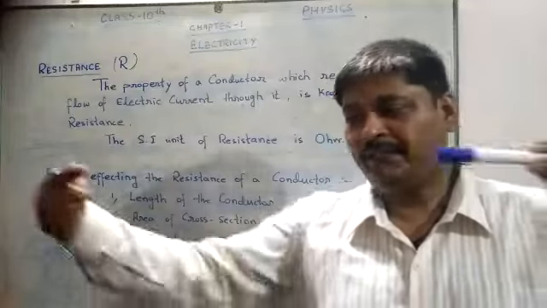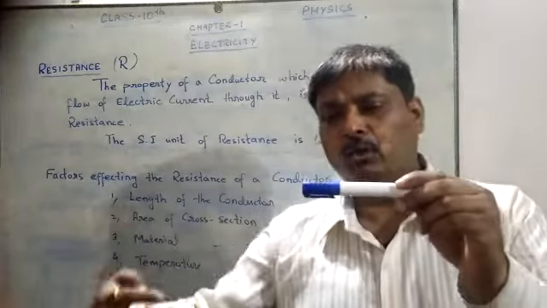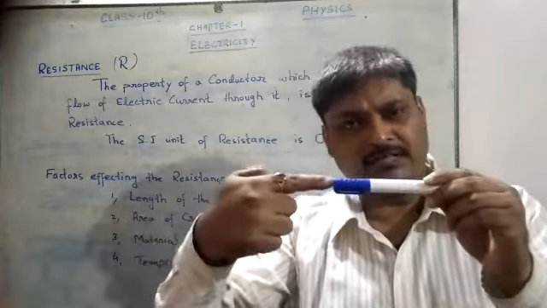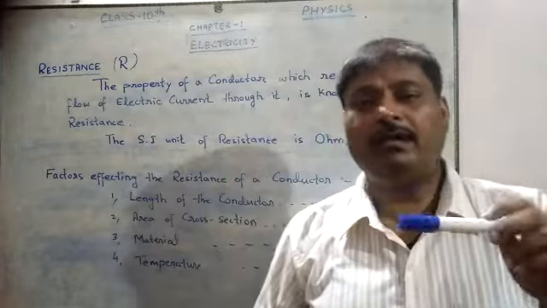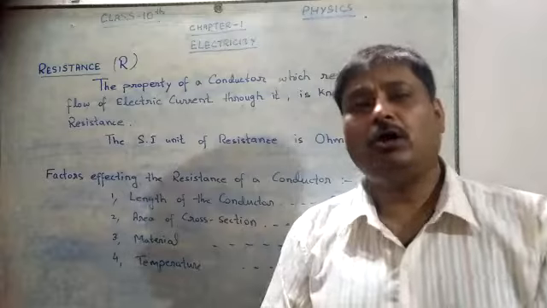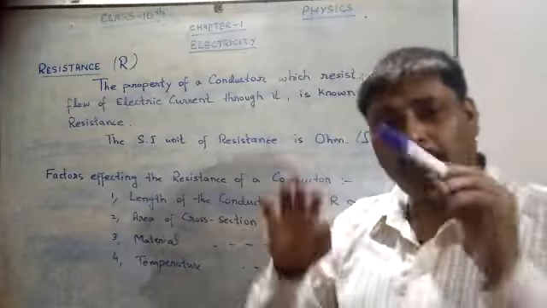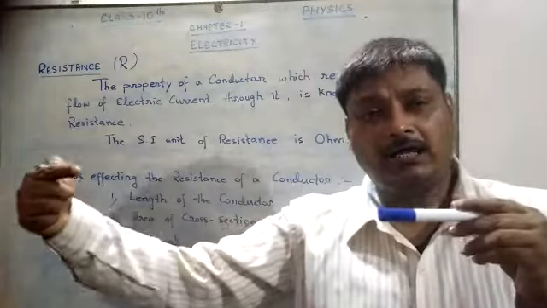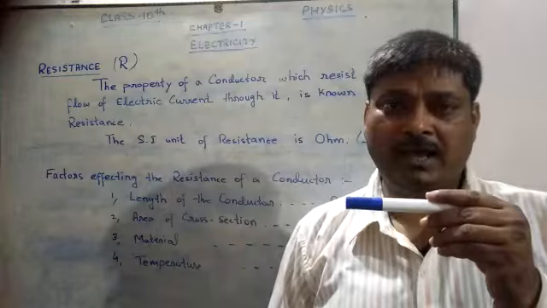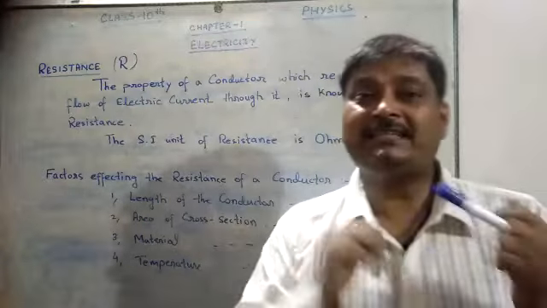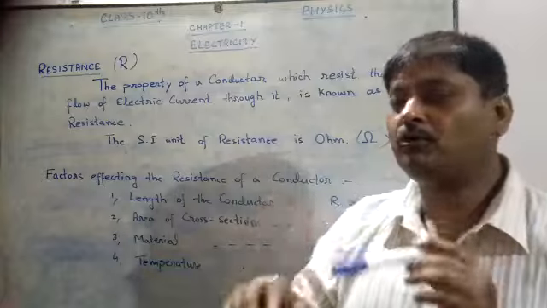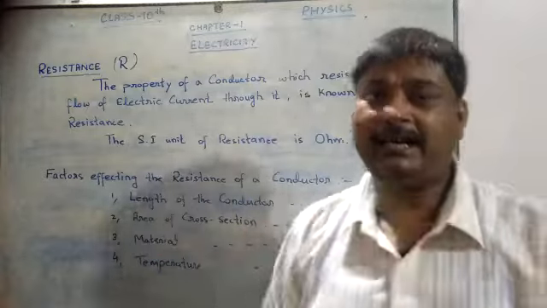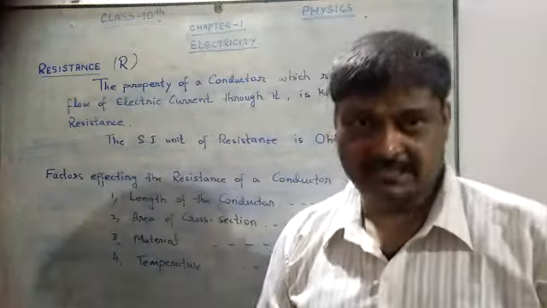These atoms and ions will not allow this current to flow freely through the wire. This is known as resistance. What amount of resistance this material is producing to the flow of this electric current is known as resistance.